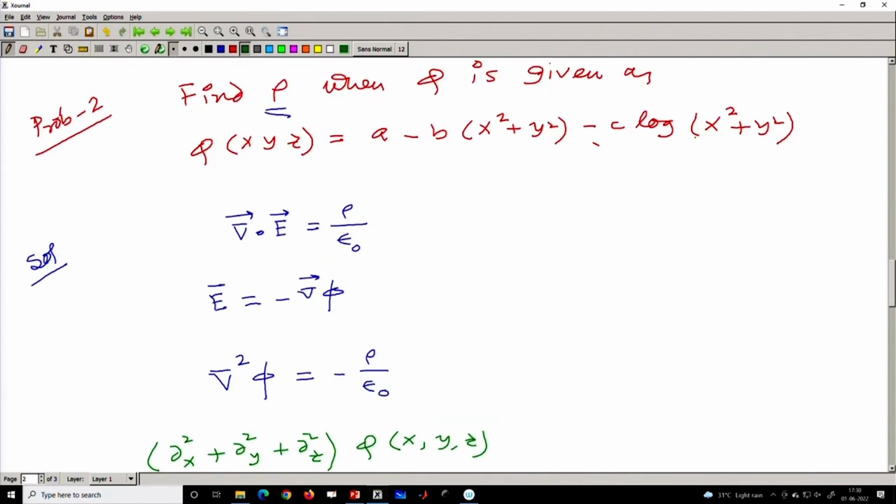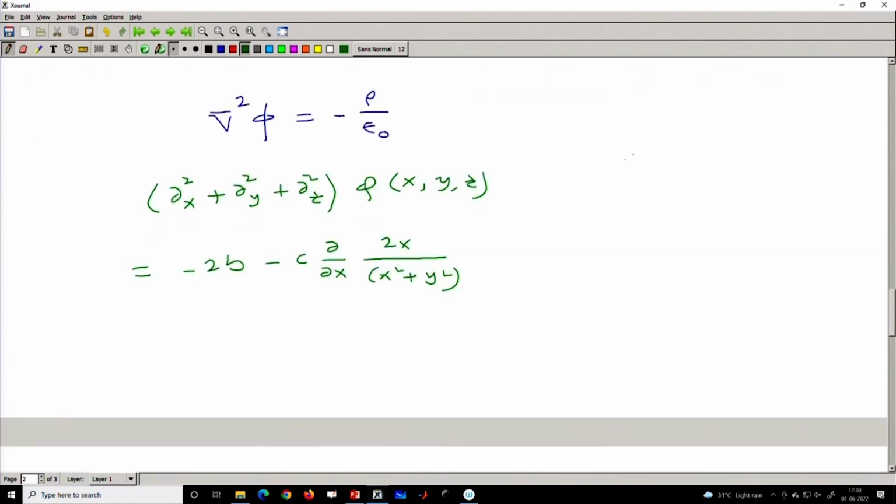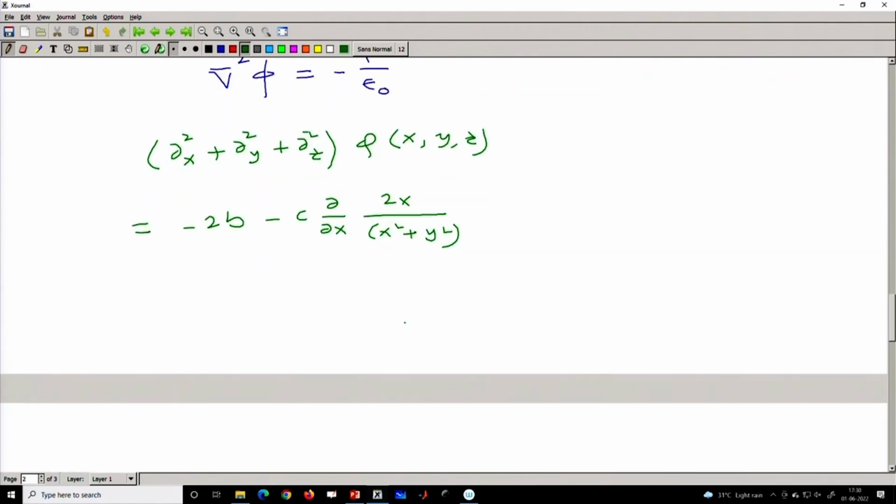For log we will have this, and then for y we have minus 2b and then minus c again del y, and then again we have 2y of x square plus y square, and that quantity is equal to minus rho by epsilon naught.